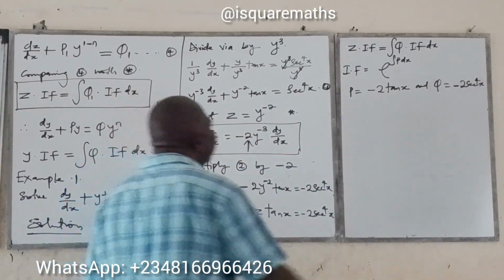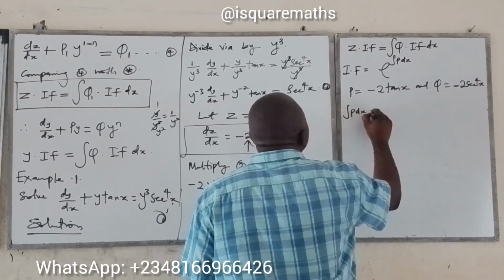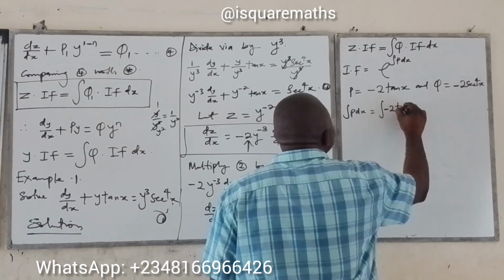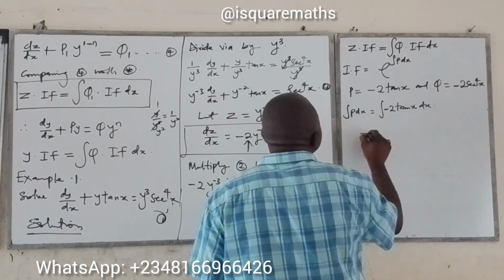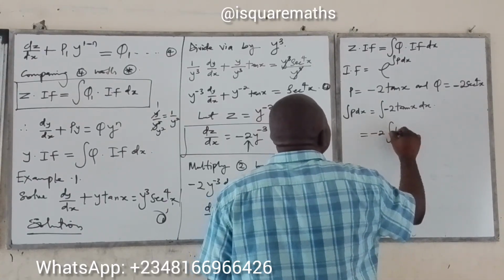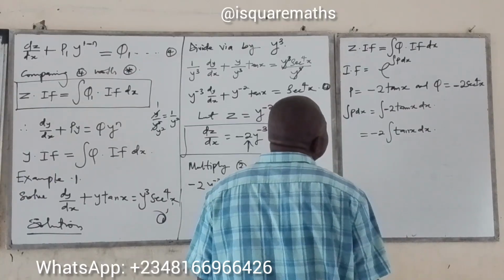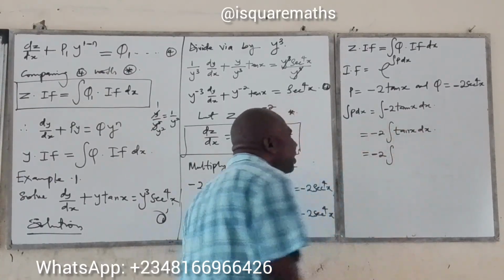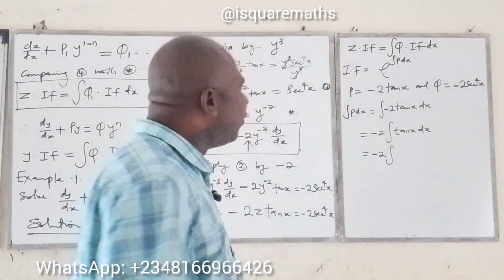Now let's integrate this. So integral p dx will be equal to integral of minus 2 tan x dx. And this is the same as minus 2 outside, integral of tan x dx. So the whole of this now will be minus 2 integral. Now remember, tan x is the same thing as sine x all over cos x.